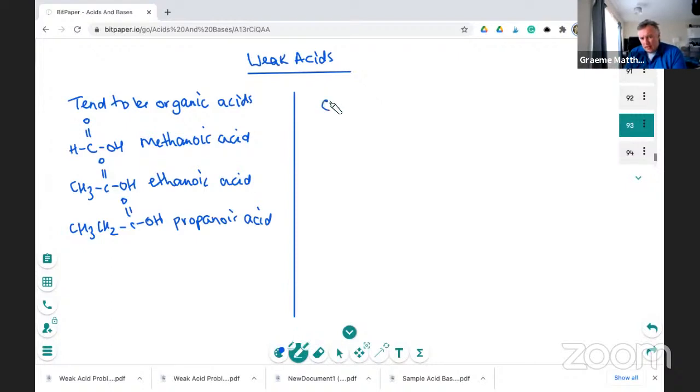Then I'm thinking, I'm going to draw my equilibrium like this. The position of equilibrium lies all the way over to the left. And I'll have my ethanoate ion like this and my H plus. Right then.